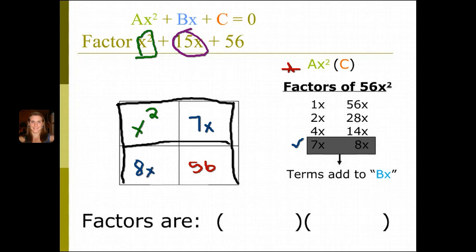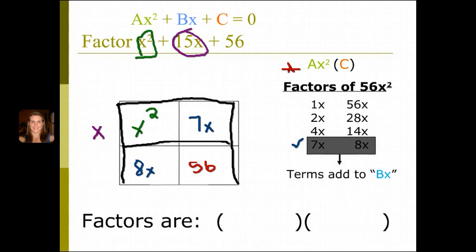So now that we've filled our box, we need to factor out a greatest common factor for each row and for each column. So when we look at our greatest common factor for the first row, we have x squared and 7x. They both have an x in common, so we bring that out.